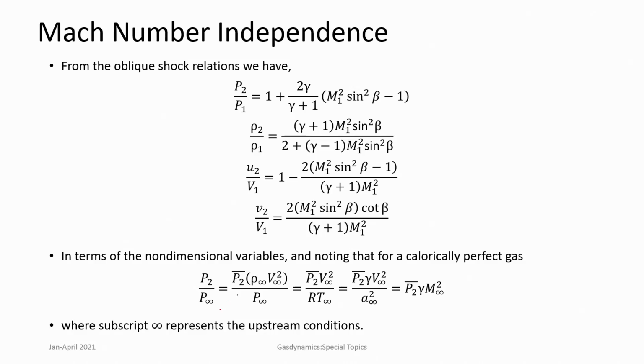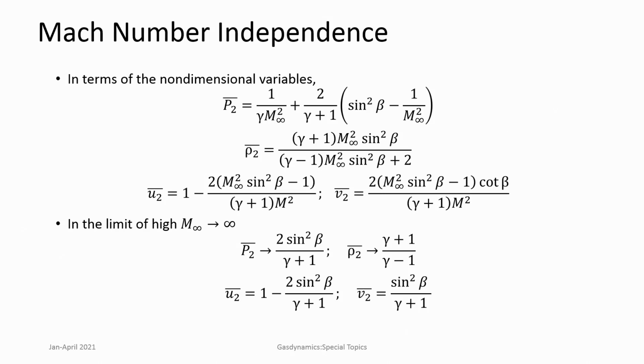So P2 bar here is a normalized pressure. Similarly, rho 2 bar is normalized density, and U2 bar is normalized velocity.